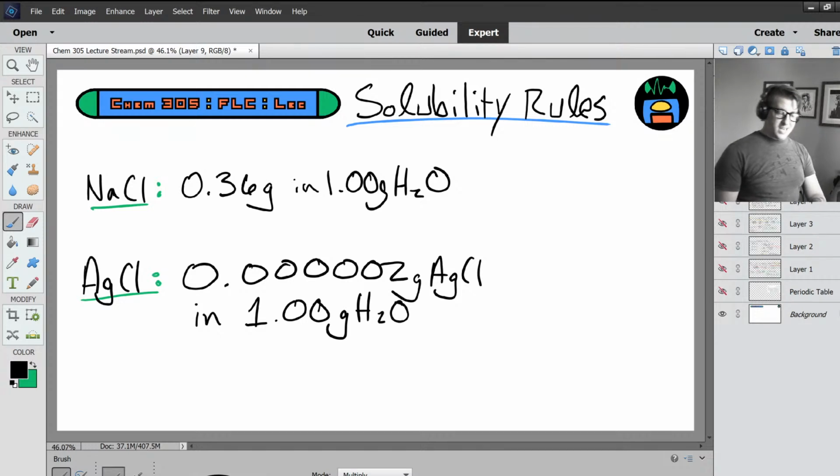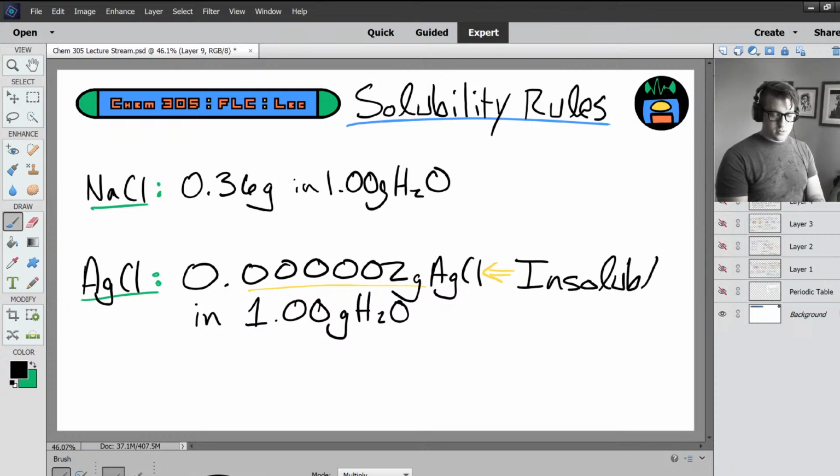It's so little, it's almost non-existent. Because this is so small, we say that silver chloride is insoluble in water, which means it doesn't dissolve. Technically a very small amount does, but it's so small that it's just considered insoluble. Whereas sodium chloride, on the other hand, we say is soluble in water.